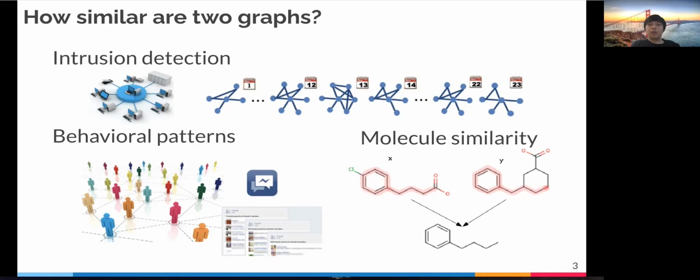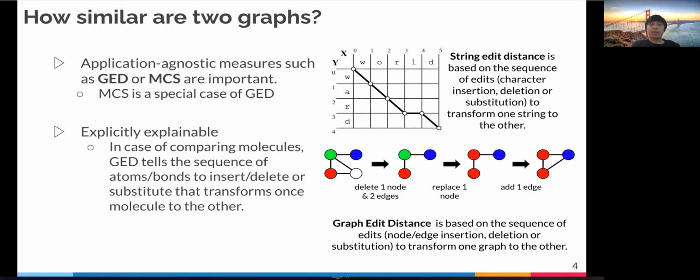Similarly, in social networks, we also want to find people with similar behavioral patterns, where the pattern is represented by the graph of the user's activities. Finally, in the increasingly important chemical domain, finding molecules with similar graph structures is also an important problem. Depending on the domain, there are different ways to define the similarity between two graphs.